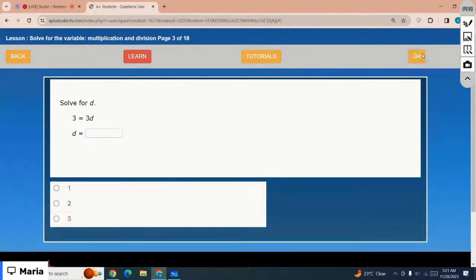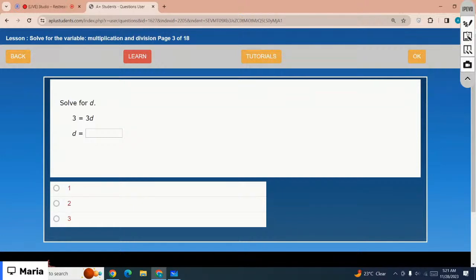3 equals 3d, which is the correct option. No, not 9.